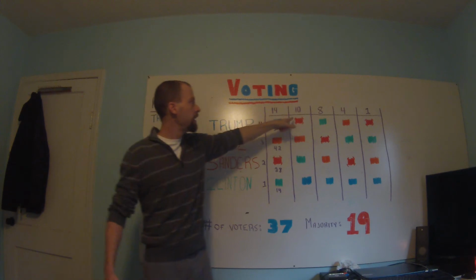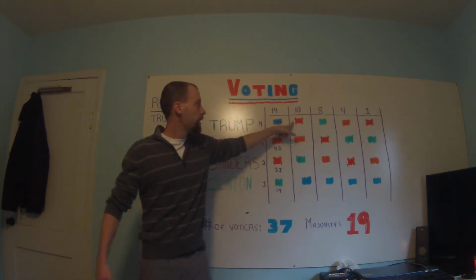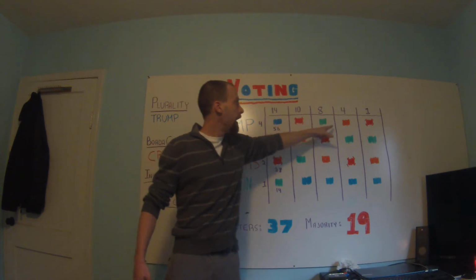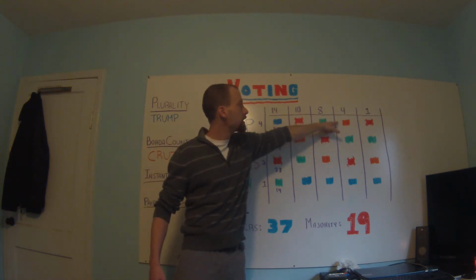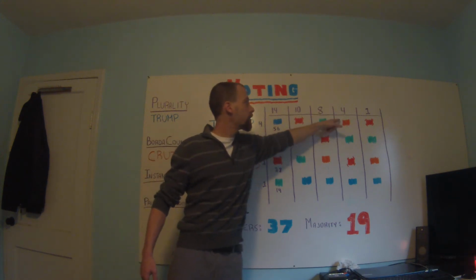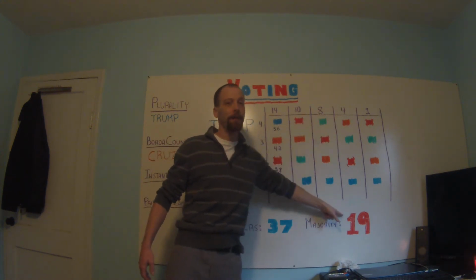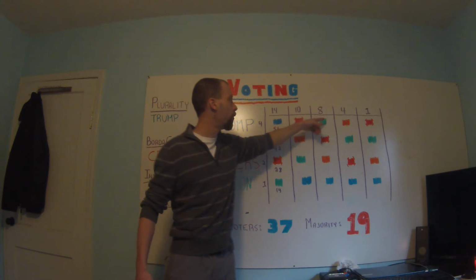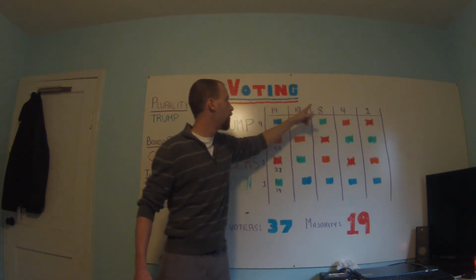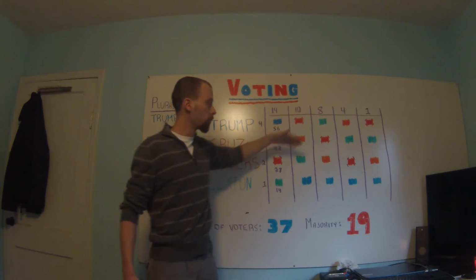Trump has 14. Sanders has 10. Or 11, I'm sorry. Hillary, now that Cruz was eliminated, these slide up. Hillary now has 12 votes. So if we move this up, Hillary has 12 votes. It's still not enough to be a majority, but it's more than before. So Trump has 14, Hillary has 12, Sanders has 11, Cruz was out.